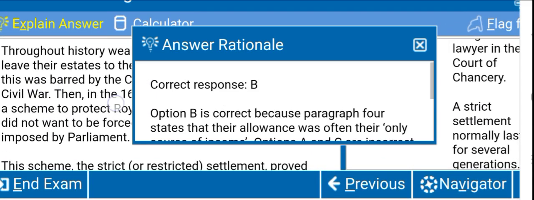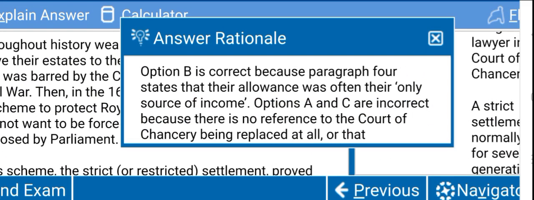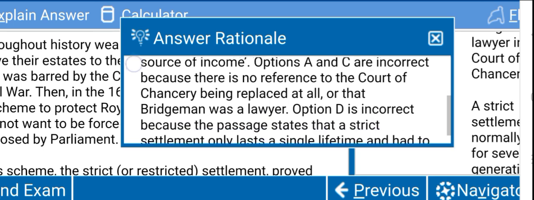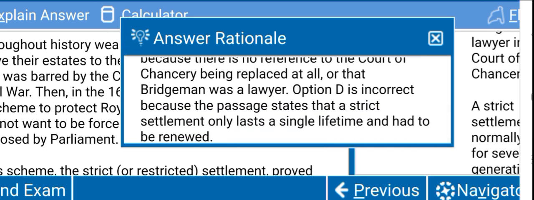So the correct option is B, because paragraph 4 states that their allowance was often their only source of income. Option A and C are incorrect because there is no reference to the Code of Chancery being replaced at all, or that Bridgman was a lawyer.